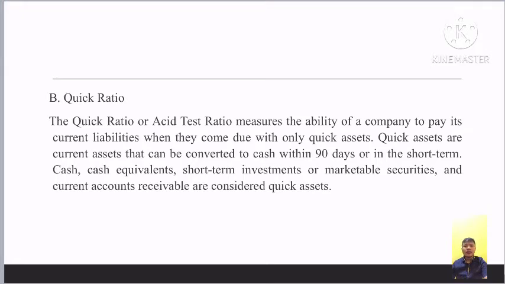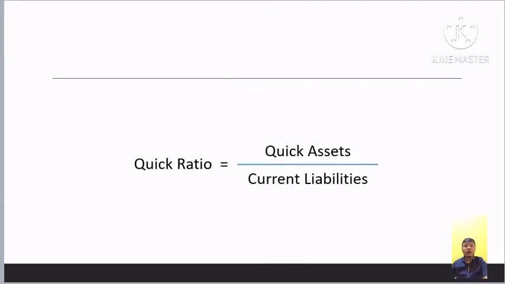Cash equivalents, short-term investments or marketable securities, and current accounts receivable are considered quick assets. The formula to calculate quick ratio is quick ratio equals quick assets divided by current liabilities.